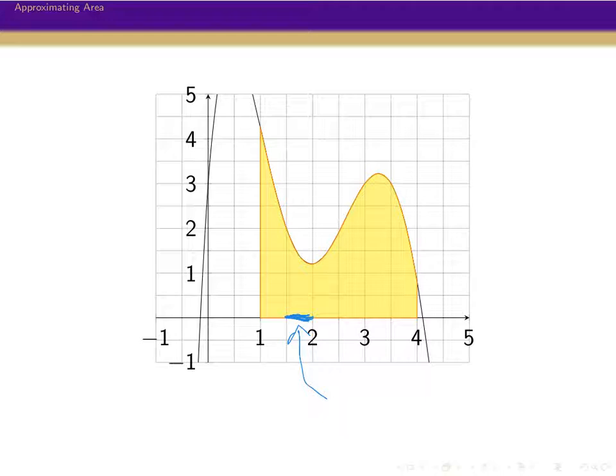And so this width here is 0.5. This width is in the x direction. And so we're going to call this our delta x. And then above this delta x, we're picking some value to pick the height. And we're trying to get this to be the approximate area under the function here.